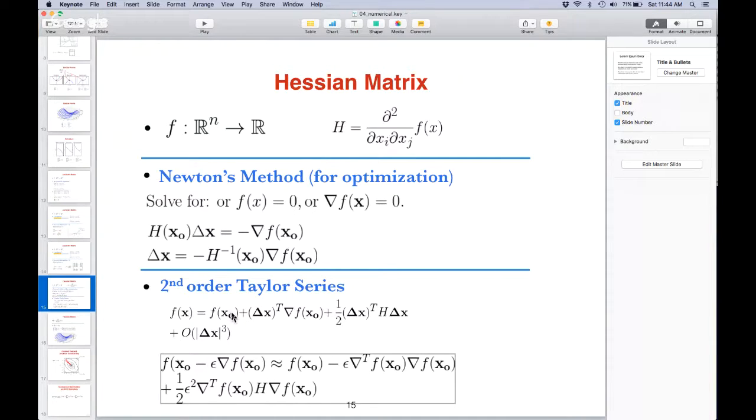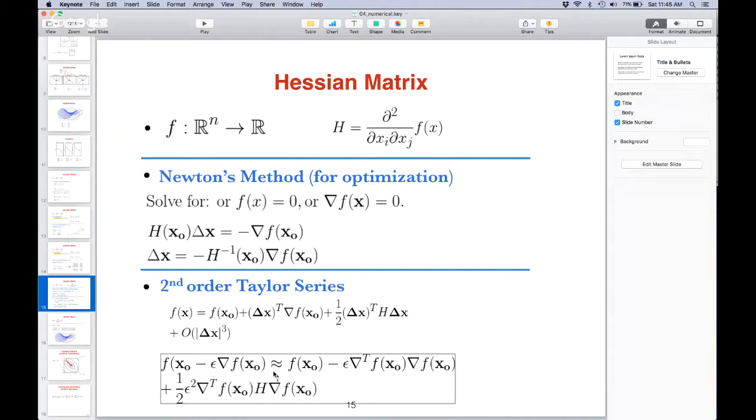The first term is the zeroth order term, the linear term is the first order term, and you truncate the third order term, so it's a second order accurate approximation to f of x, to your loss function in the vicinity of x0, which is supposedly your solution point or your mid step in your iterative scheme.